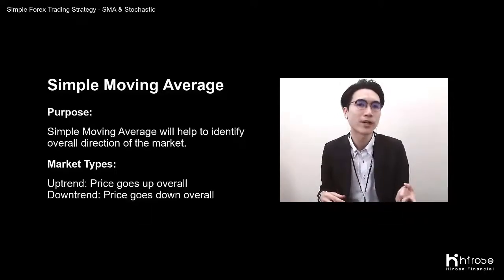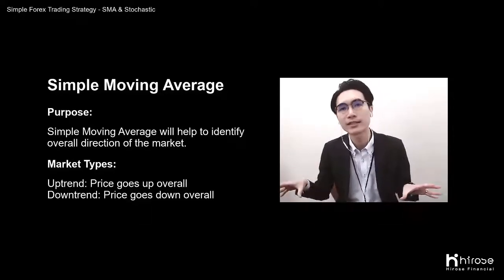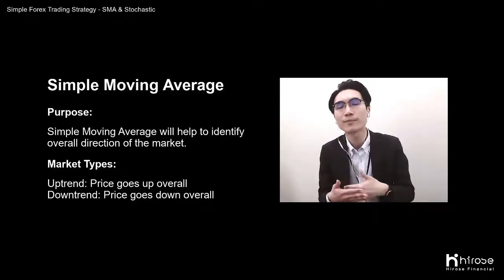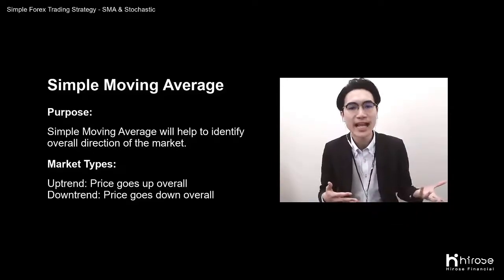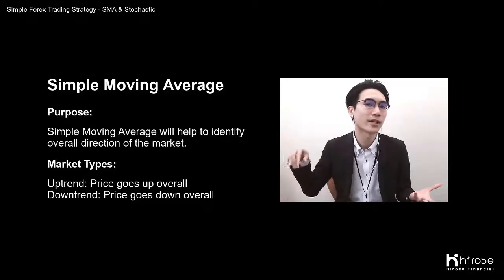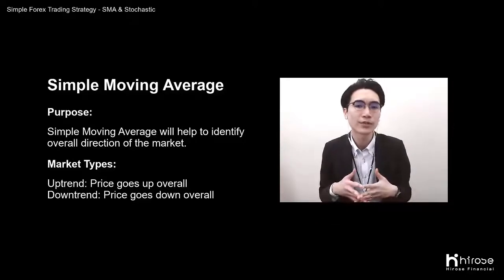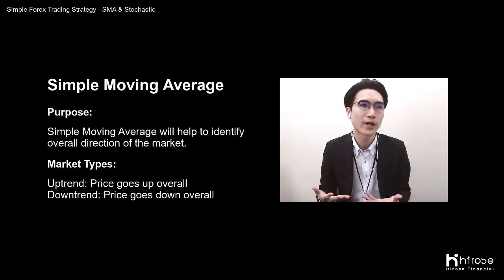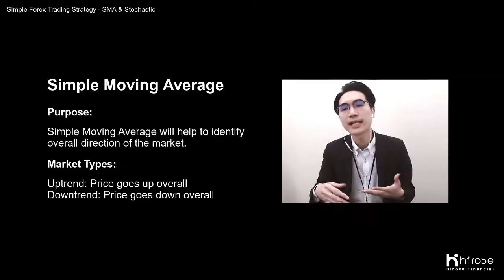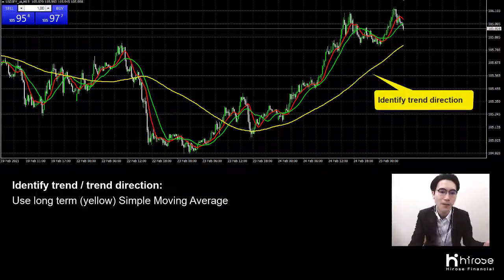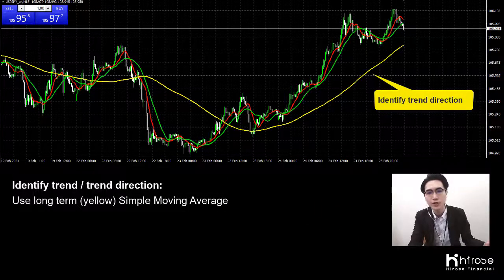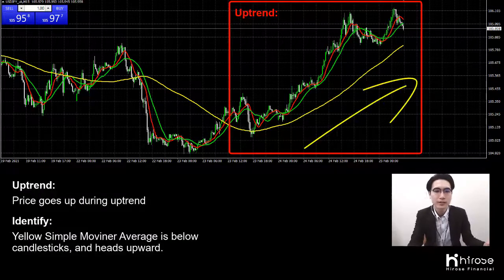There are two types of trends, uptrend and downtrend. In an uptrend, price goes up overall, and in a downtrend, price goes down overall. To identify a trend and trend direction, we will be using the yellow simple moving average, which is a long-term simple moving average here. Let's take a look at the uptrend first.